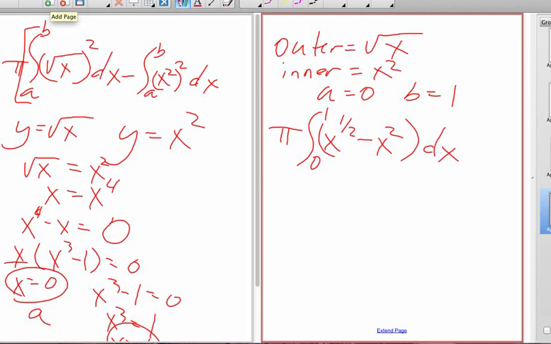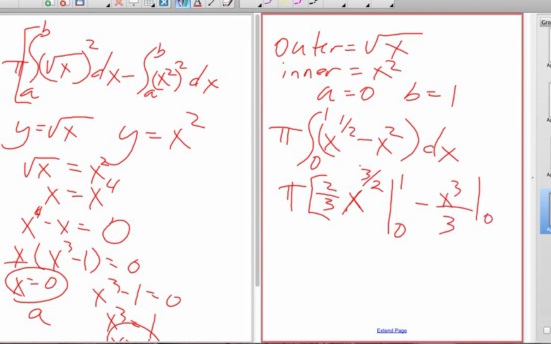So I add 1, this is going to give me pi times, I'm going to have 2/3 x to the 3/2 evaluated from 0 to 1 minus x cubed over 3 again evaluated from 0 to 1.